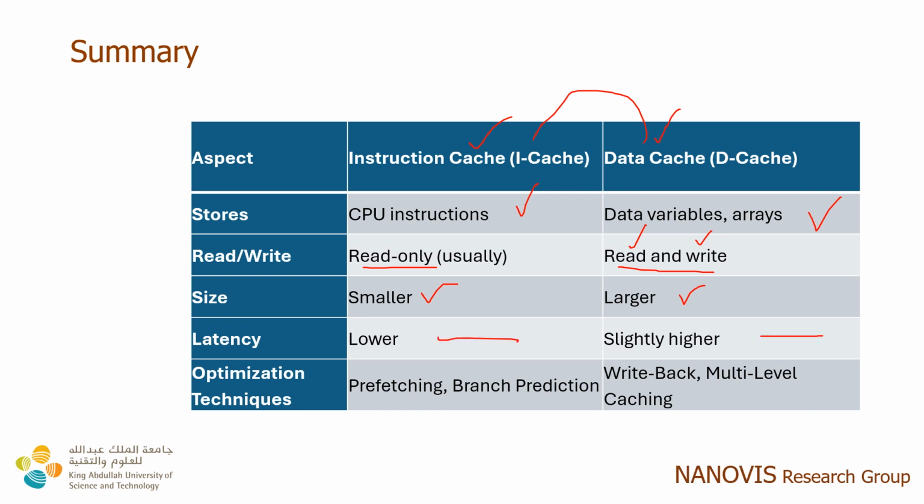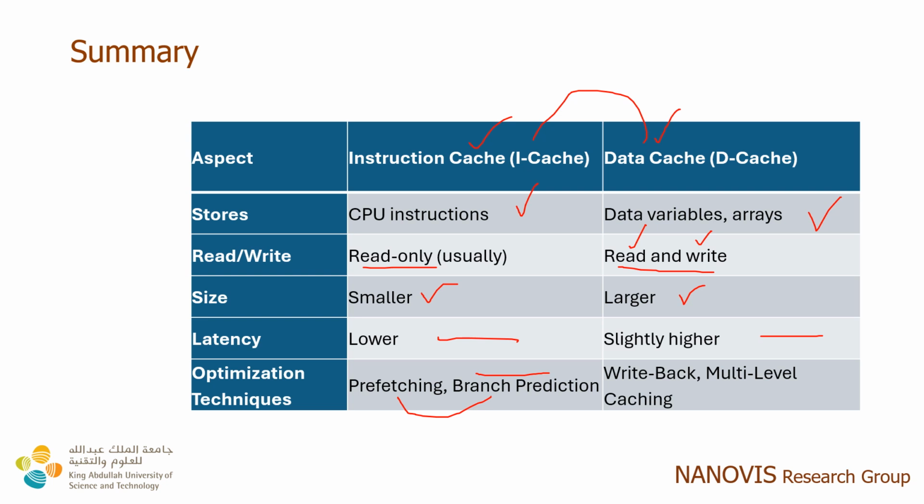Here the latency is a little higher because of its size. So there are different challenges, and for the instruction cache there are optimization techniques of prefetching and branch prediction. If the branch prediction is not accurate, it gives issues.